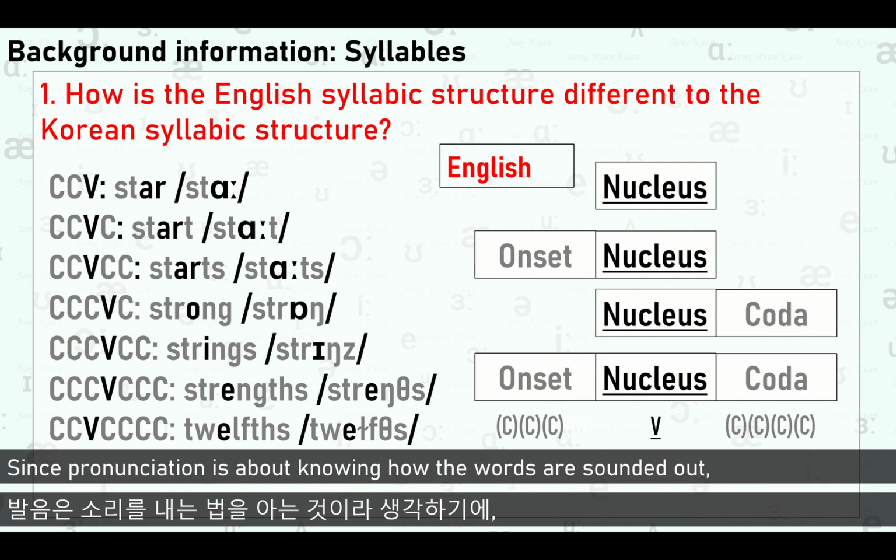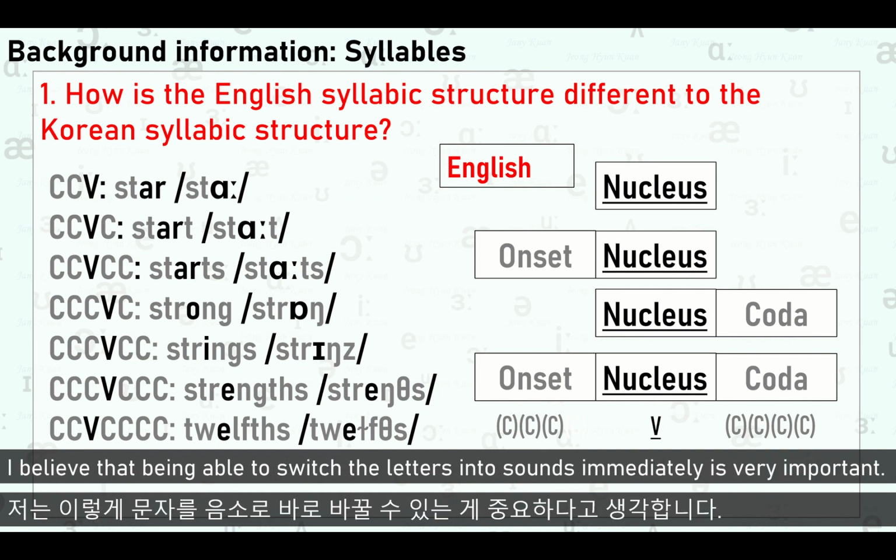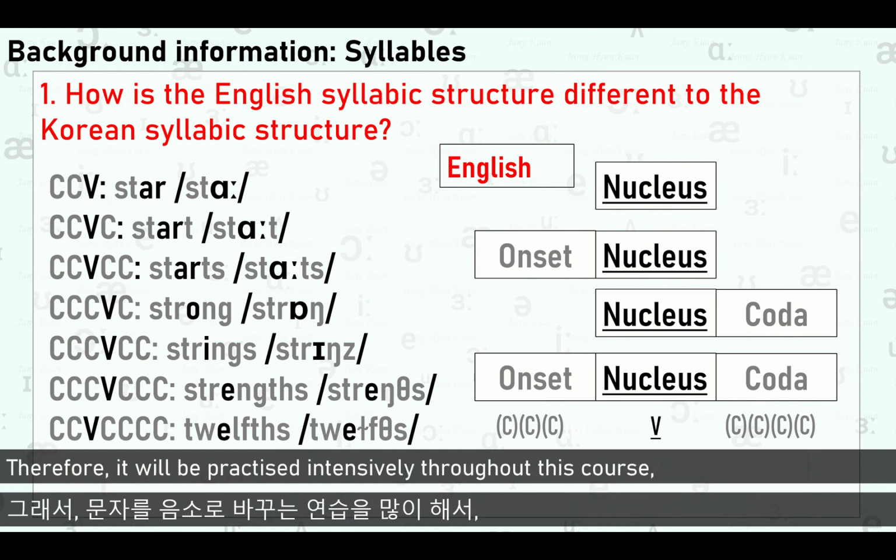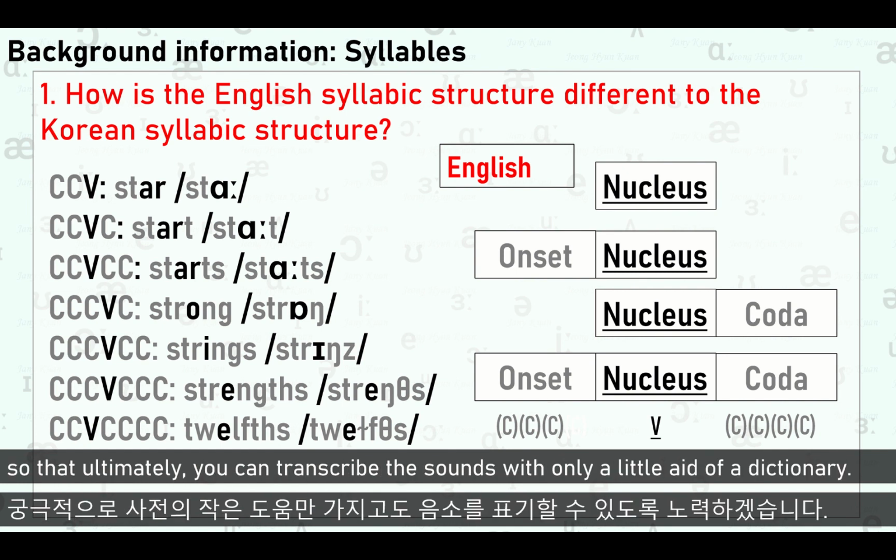Since pronunciation is about knowing how the words are sounded out, I believe that being able to switch the letters into sounds immediately is very important. Therefore, it will be practiced intensively throughout this course, so that ultimately you can transcribe the sounds with only a little aid of a dictionary.